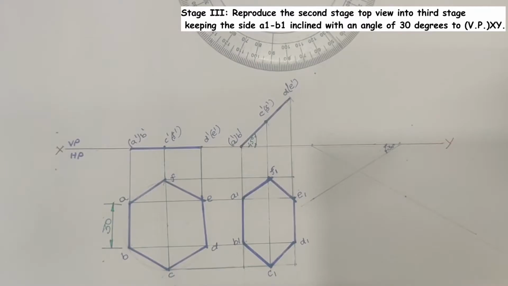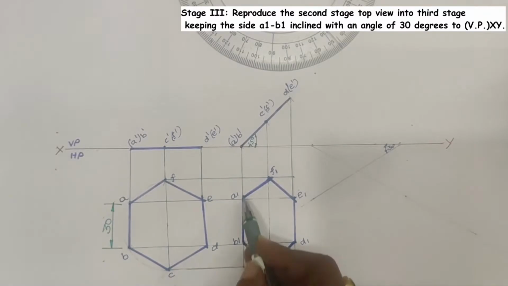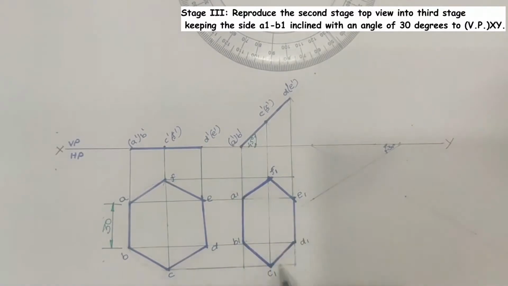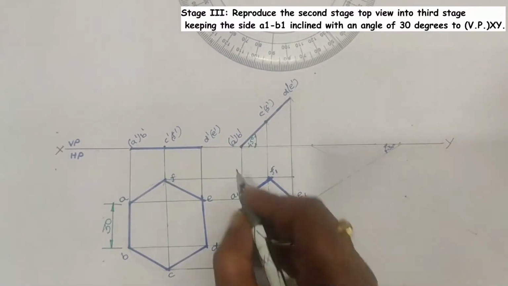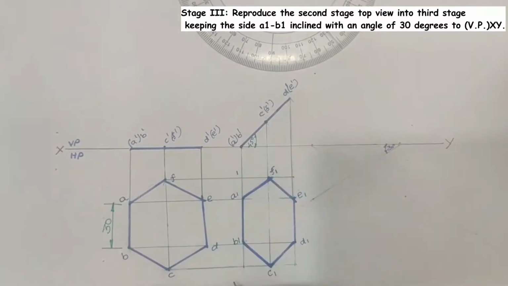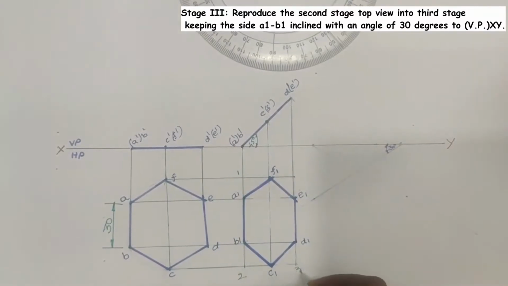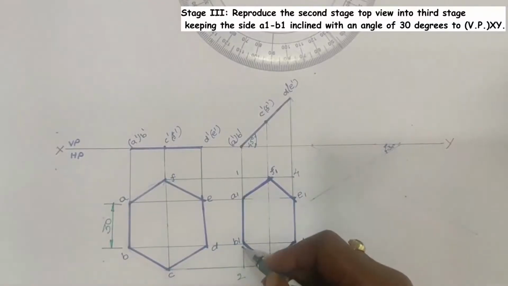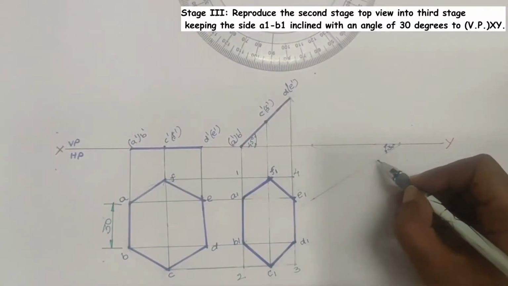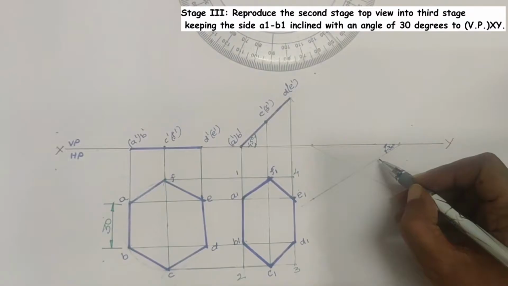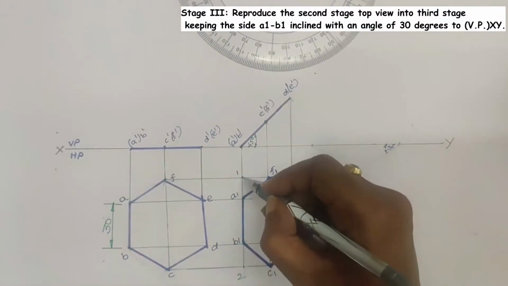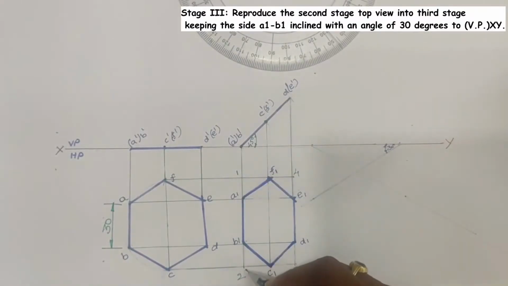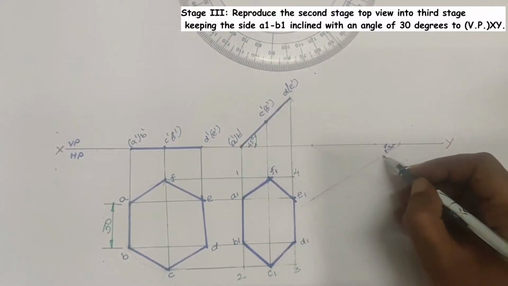In order to easily reproduce the second stage top view into the third stage, we are going to enclose this second stage top view within a rectangle, say 1, 2, 3, 4. That is, here A1 B1 side needs to fall on this 30 degrees inclination line. That is, the side of the rectangle 1 to 2 falls on this 30 degrees inclination line.